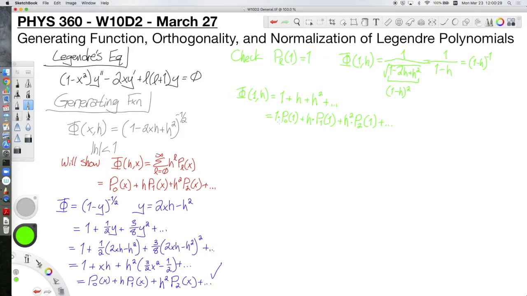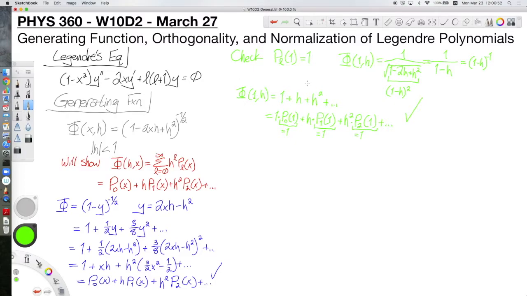Which means that each of these Legendre polynomials evaluated at x equals 1 must have a value of 1 if they're going to match with this form we just showed up here. So it looks like our generating function does give us a value of 1 for our Legendre polynomials.